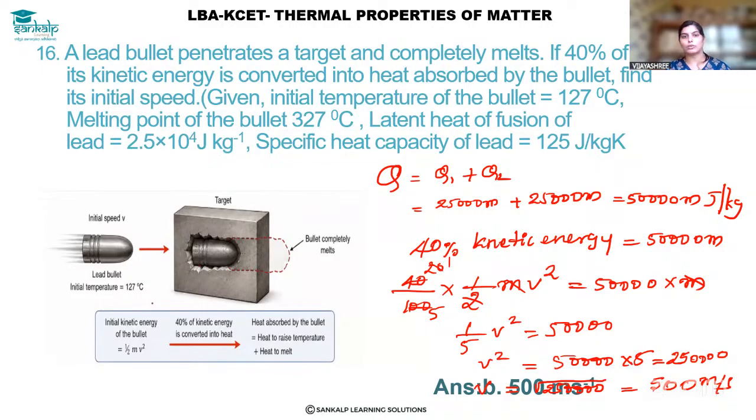So speed of the bullet is 500 meter per second. This is the correct answer. Okay, speed of the bullet is option B, 500 meter per second.